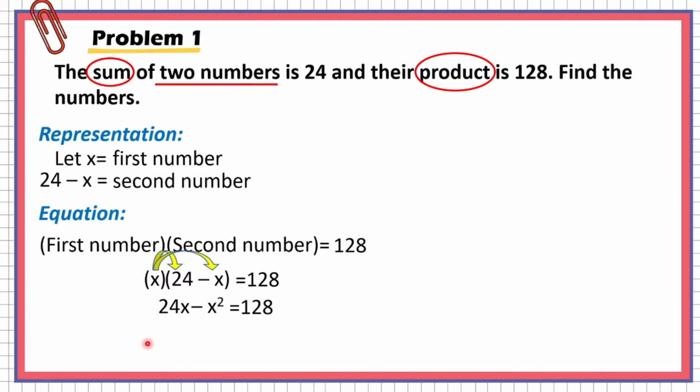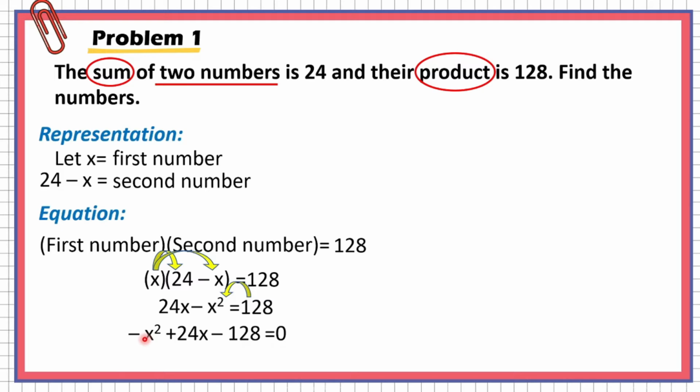We have the quadratic term first, negative x squared. Susunod naman ang linear term, which is positive 24x. Then, we're going to transpose 128 as a constant dito sa left side ng ating equation. So, magiging negative 128. Then, i-equate natin siya sa 0.